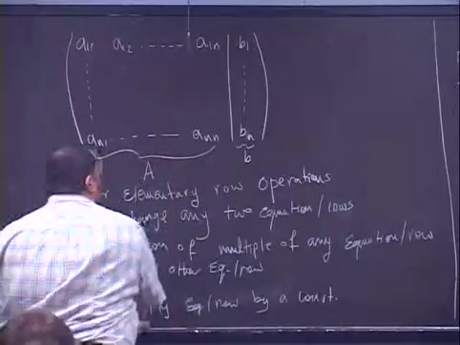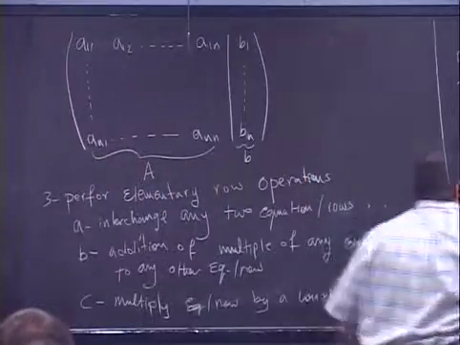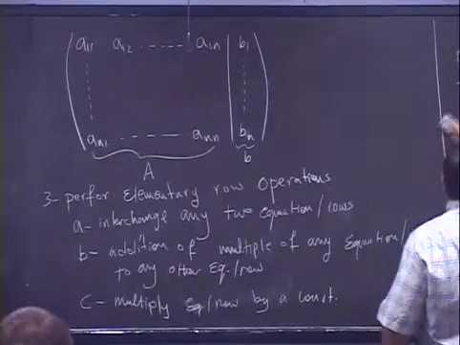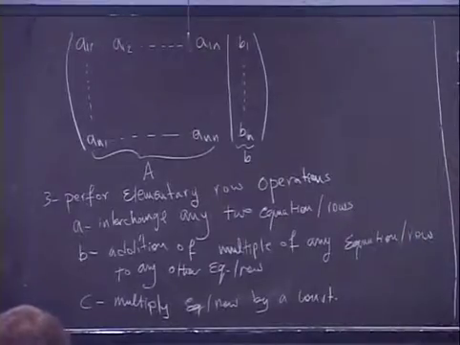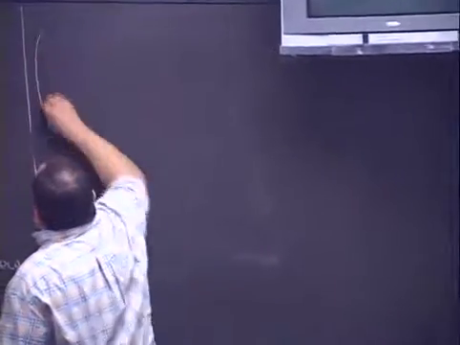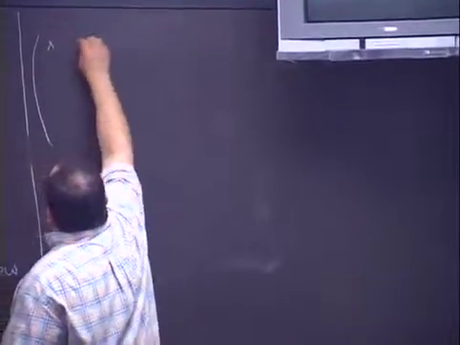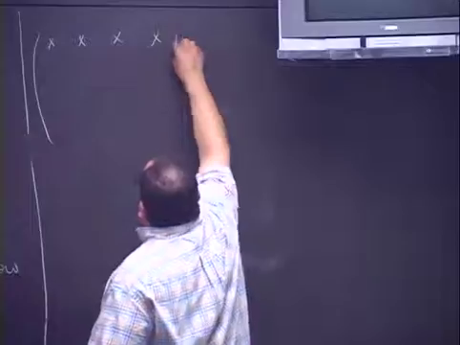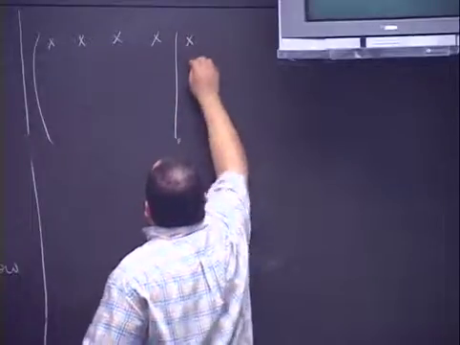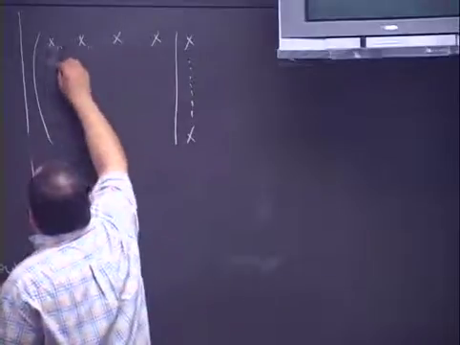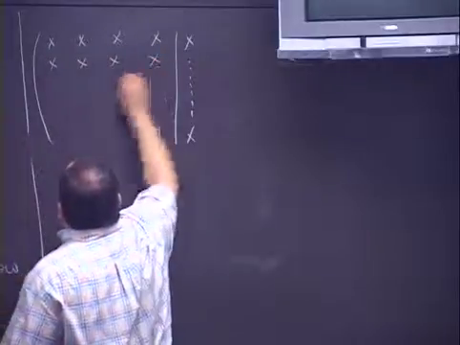So if we choose those operations to do the reduction, now the reduction will be something like what I will show you in a minute here. Let's assume that you have step number 1. Assume that you have x's, meaning that you have values in the corresponding augmented matrix. So let's assume that this is the matrix at the very beginning.